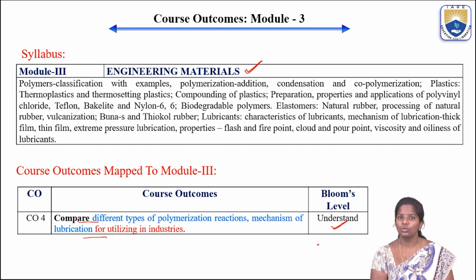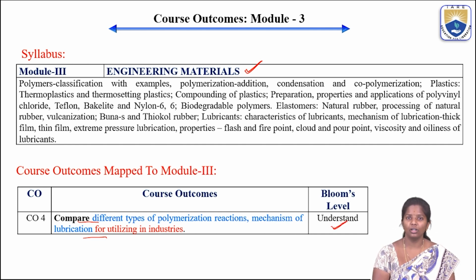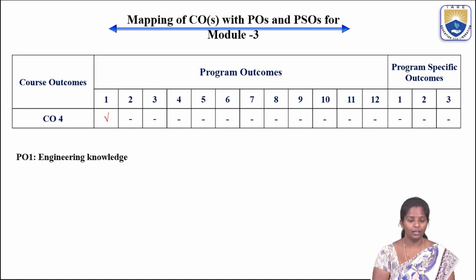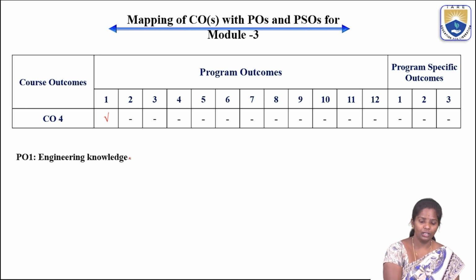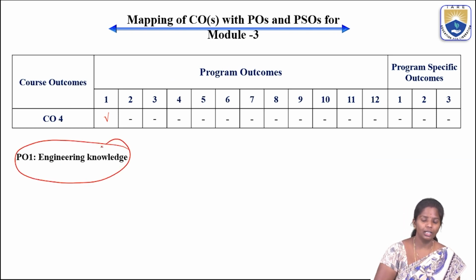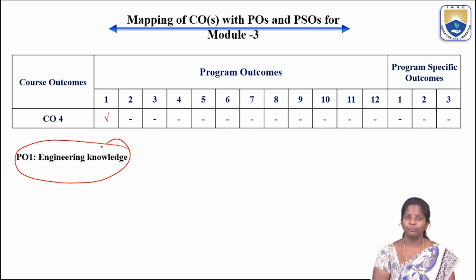The engineer should have an understanding of what is going on in the production plant, even at a lower scale, so that he'll be able to manage and supervise. This gives a good understanding of how the polymerization reactions take place and how they are utilized in industries. Because we are only imparting knowledge, it only maps with the PO1.